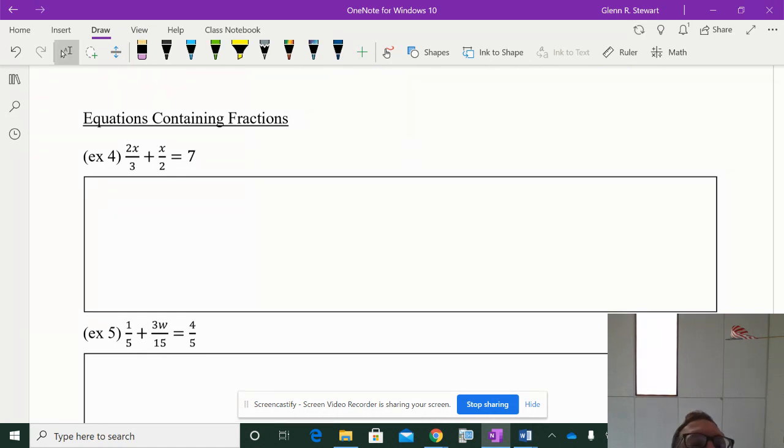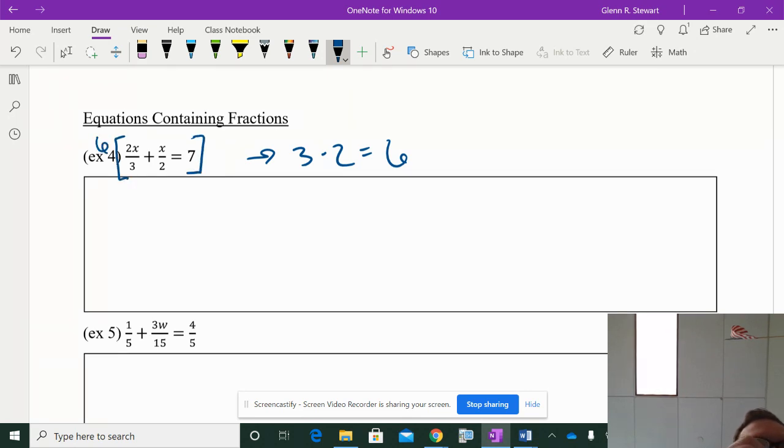Sometimes equations contain fractions. It's easiest whenever you can find a common denominator and multiply by that denominator. For instance, 3 and 2 give me 6. 6 is what we call my common denominator.